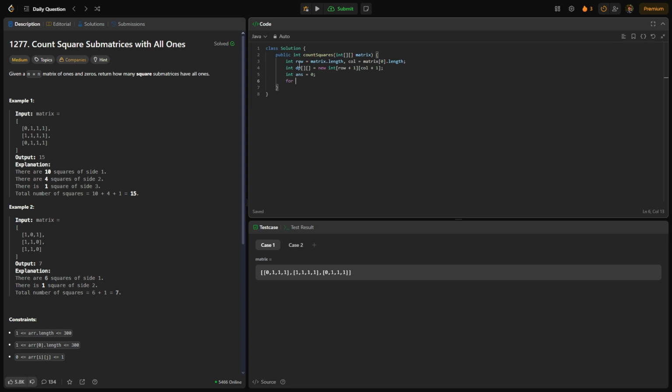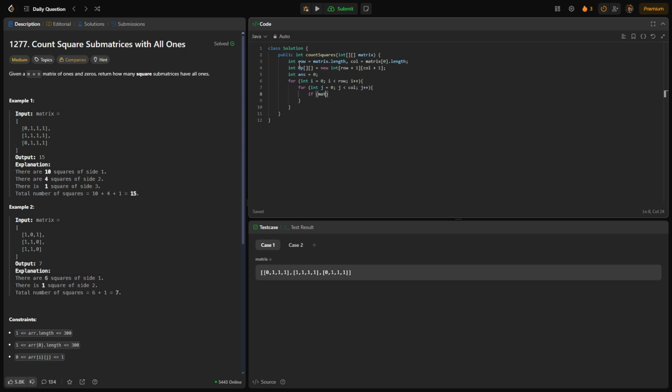Now, for each integer i is equal to 0, as long as i is less than our rows, i can increase. Same thing for j, so for each integer j is equal to 0, as long as j is less than our columns, j can increase. Now our first rule of thumb is the value we're looking at has to be equal to 1.